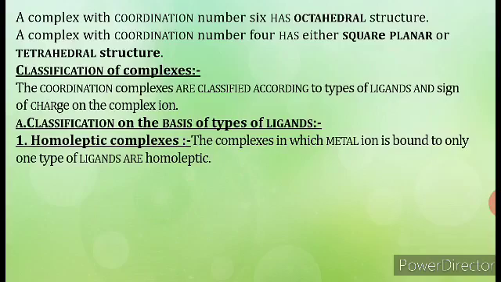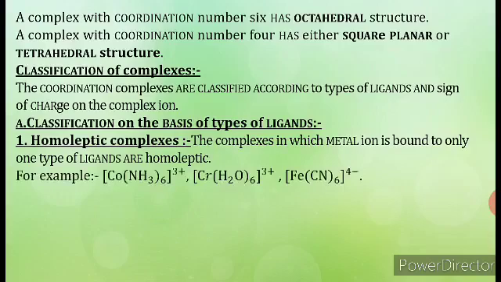For example, see, hexaamminecobalt(III) ion. This complex contains only one type of ligand, ammonia, no other. So it is homoleptic. Hexaaquachromium(III) ion. Only one type of ligand is there. What? Water, aqua. Hexacyanoferrate(II) ion.